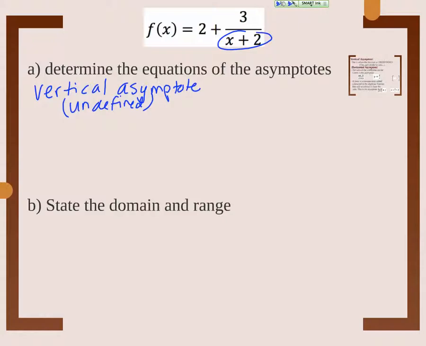So I have to find where that one place is where it does equal 0. If x plus 2 equals 0, then what is x? Negative 2. So that's our vertical asymptote. That means we're going to have a line going up and down at negative 2 where our function's not going to cross.